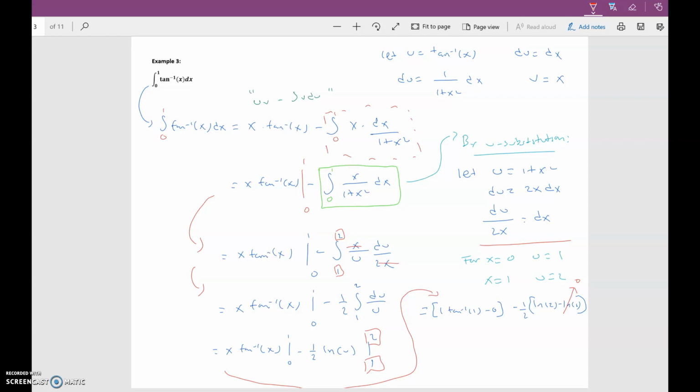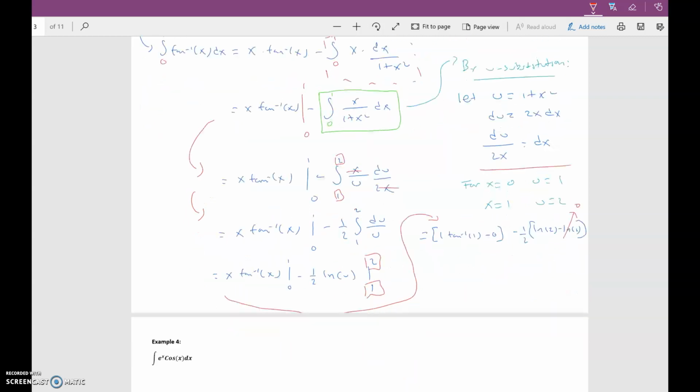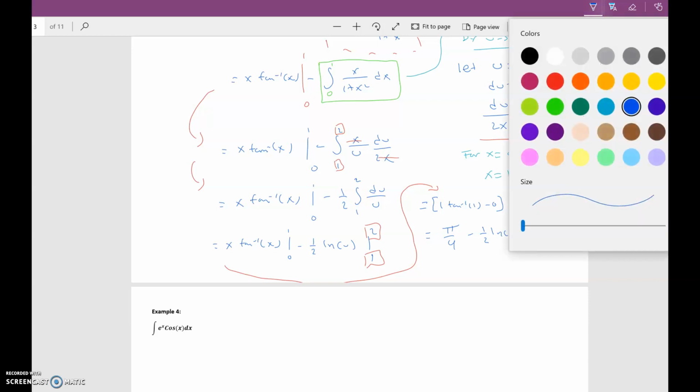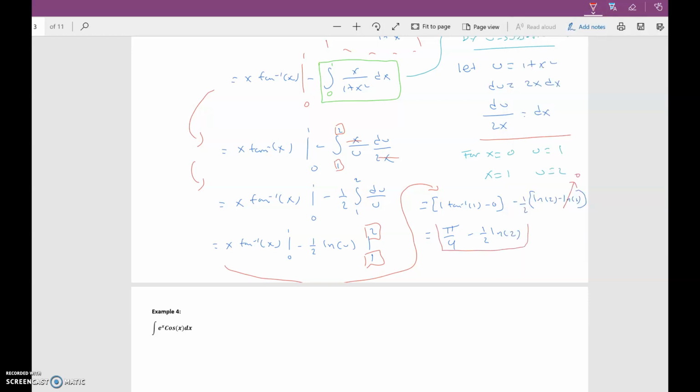And the tangent inverse of 1, that's actually a special number. That's going to be pi over 4. So please check it. It's actually pi over 4. So for this one, you're going to get pi over 4 minus 1/2 ln of 2, which is an exact answer.